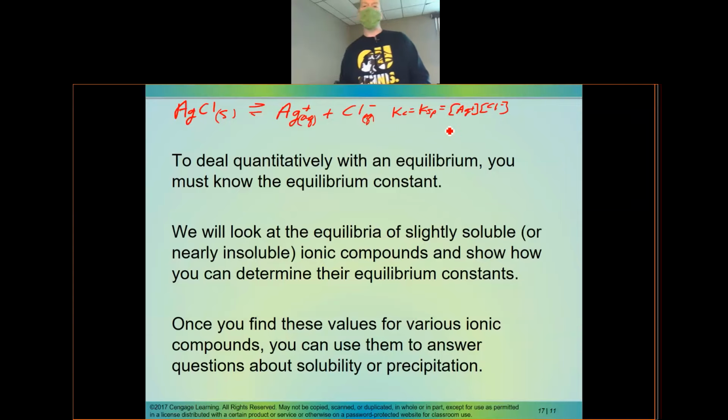Of course, we do not include any solids or liquids in our Ks, and so the AgCl solid is not put in. And so it is the solubility product because we are multiplying those together.